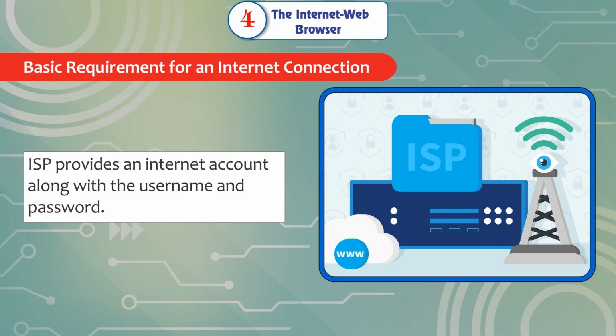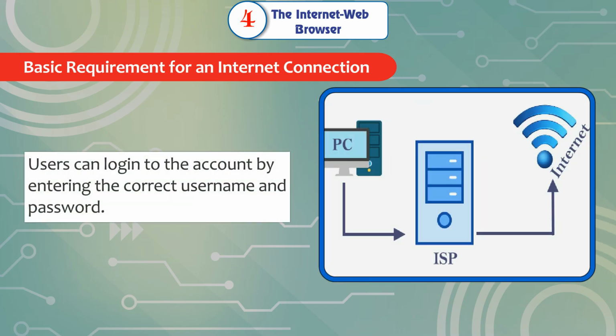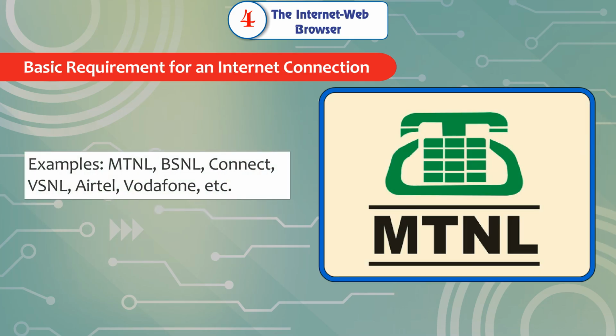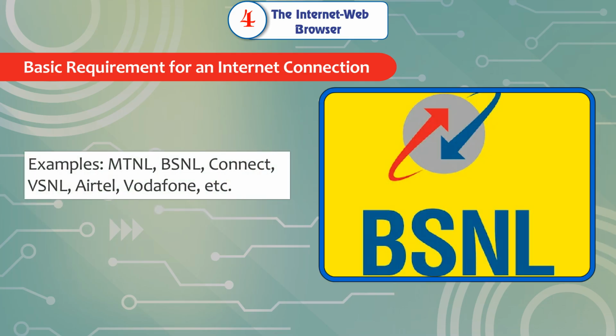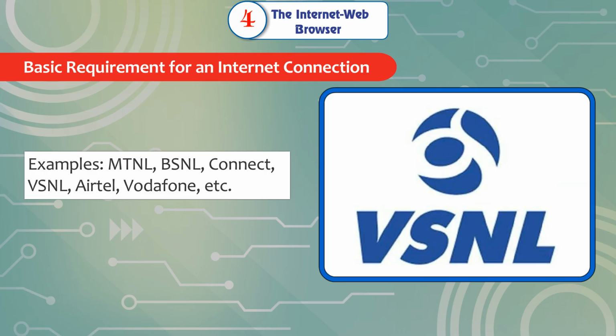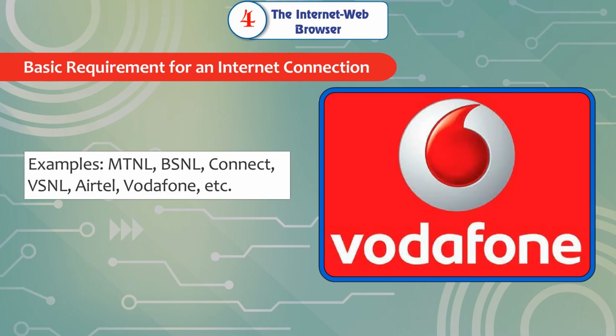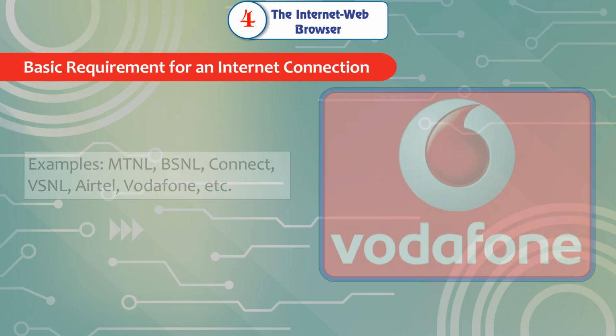ISP provides an Internet account along with the username and password. Users can log in to the account by entering the correct username and password. Examples: MTNL, BSNL, Connect, VSNL, Airtel, Vodafone, etc.